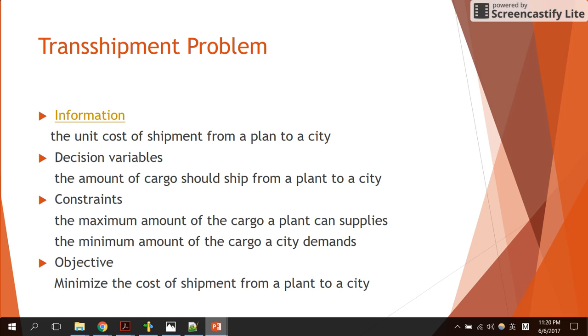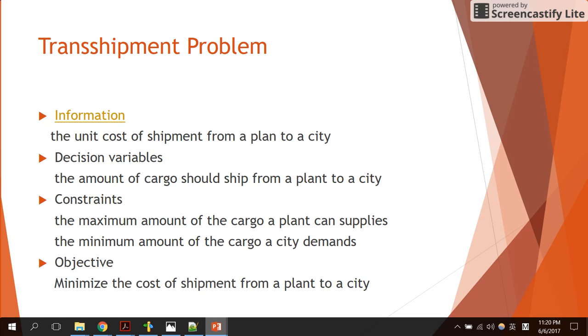Each city has a minimum amount of demand. Also, we know the cost of each unit of the product shipped from a plant to a city is different. So the objective is to determine the minimum total cost of product shipped from a plant to a destination city.